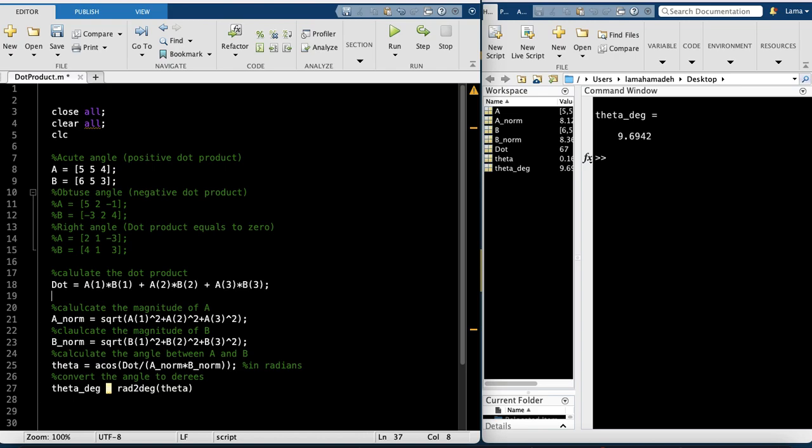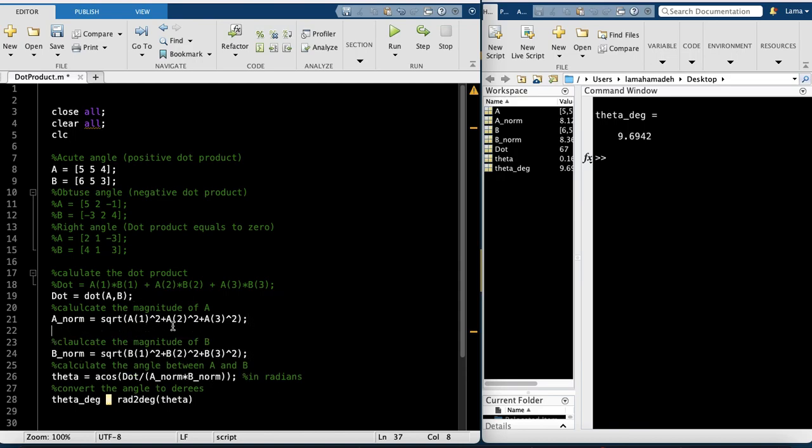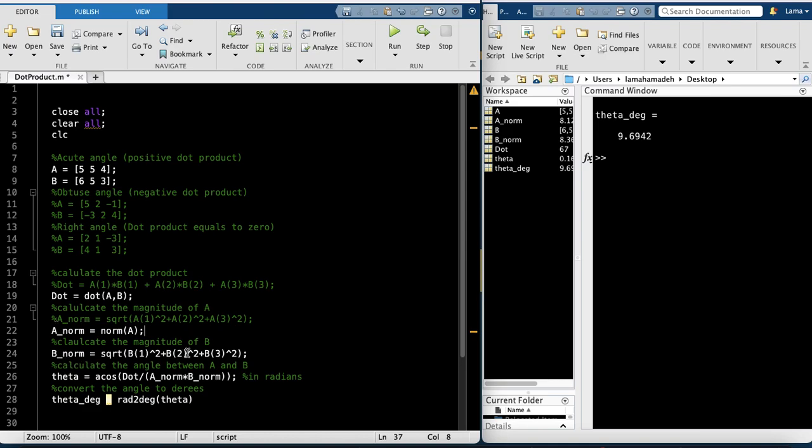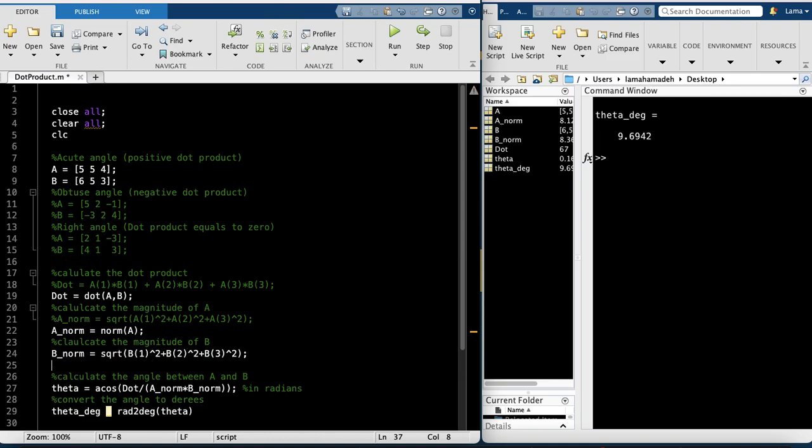So let's comment this and let's write dot here, the dot between A and B. So if you write the dot command, small letters, dot between A and B, MATLAB will give you the dot product between A and B. And here, instead of writing SQRT of all of these, in MATLAB you can comment this and say A norm equals, you can say only norm of A. It will calculate the magnitude of vector A, and I'll do exactly the same thing here.